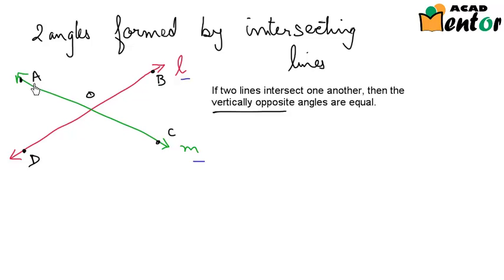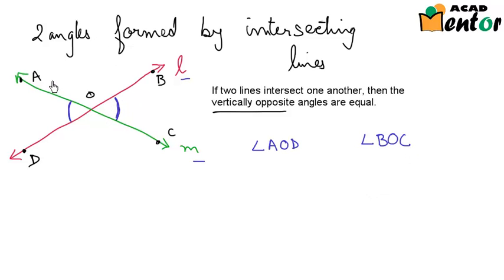So angle AOD, this angle, as we can see, is directly opposite to angle BOC, isn't it? This one. So these two angles, angle AOD and angle BOC, are vertically opposite angles.